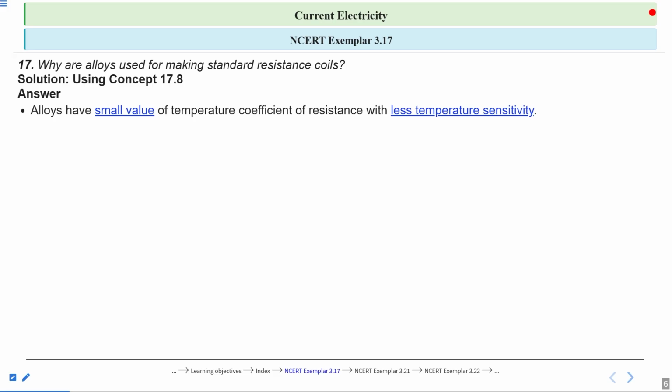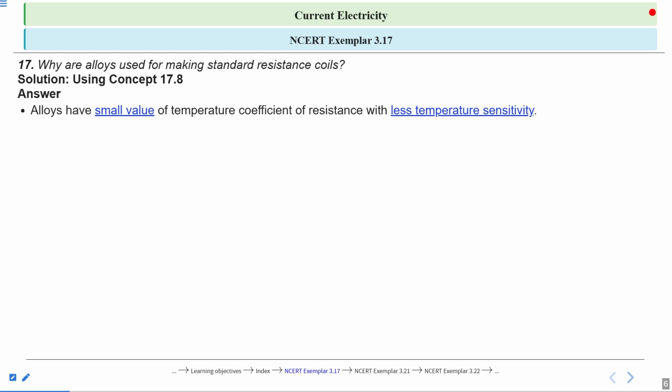This means they are less temperature sensitive, so their resistance changes less significantly with temperature. Even if we increase or decrease the temperature through a large range, their change in resistance will be very small.